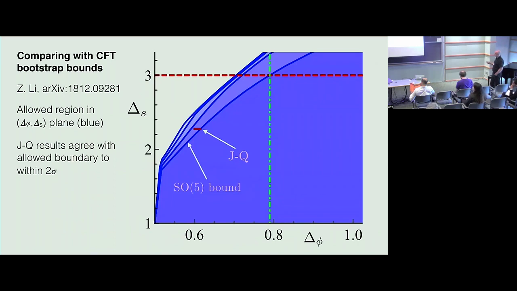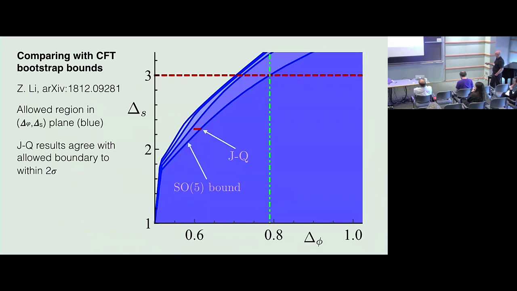And also he did the plane delta phi and delta t, but here is the one relevant for what we are discussing now. And in this paper it was actually SO5, SO6, 7, and 8. So if you look at the SO5 bound, then I take the values we get for delta s from this prediction and the delta phi that we had before, and then that's roughly this little red area here.